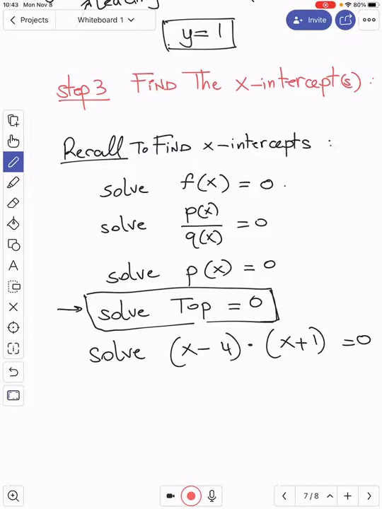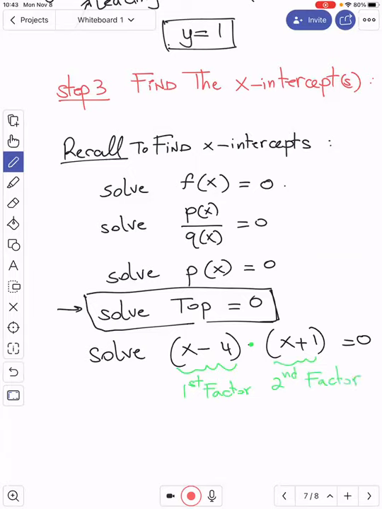And again, guys, because this is a product of factors, you don't have to factorize your polynomial. This is your first factor, times this, your second factor.